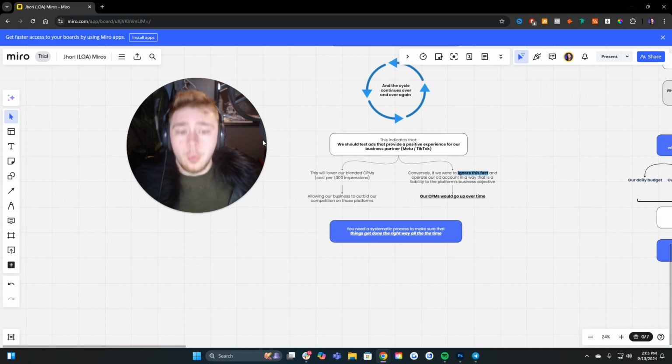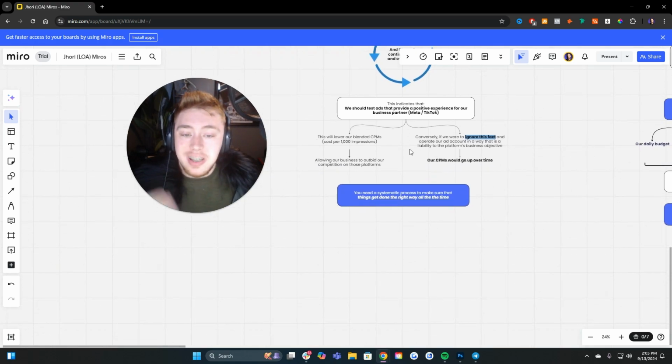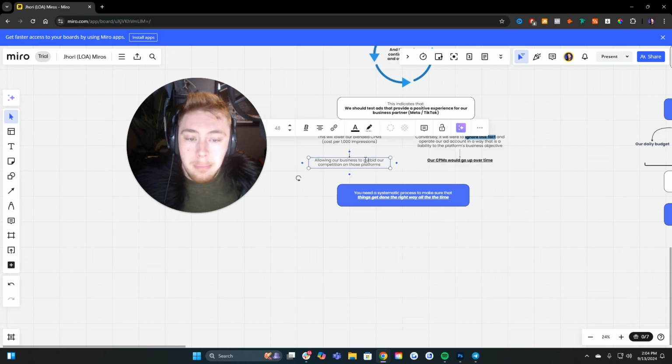So, we should test ads and set up our ad account in a way that is conducive to the business objectives of these platforms. If we do this, our CPMs, or blended cost per 1,000 impressions, will lower over time, giving us an edge against our competition, which means we can outbid our competition. Why?